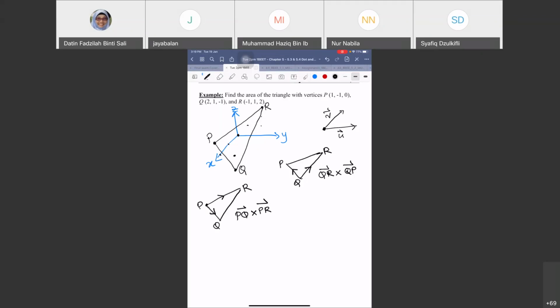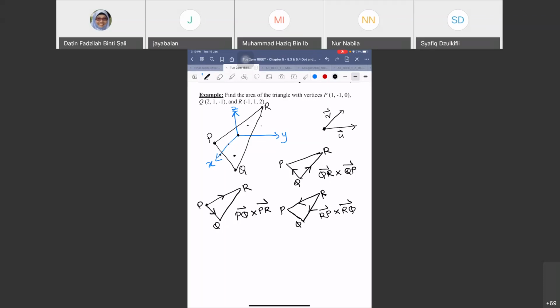Also can. Or what else? Another possibility, for your PQR, you can say this is R, RP and RQ. RP vector cross RQ. Also can.